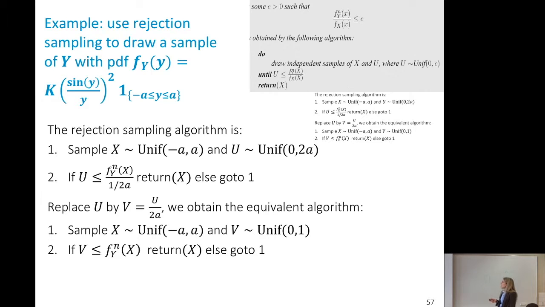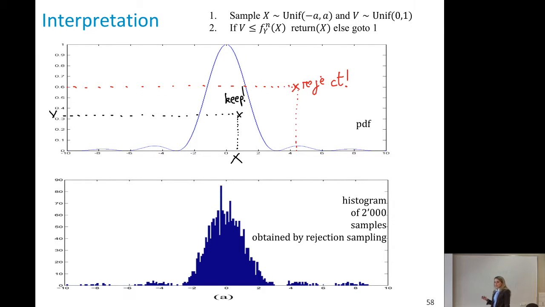Let's move on. Now let's see a graphical interpretation of this. So we obtain v from the uniform distribution between 0 and 1, and this is the known part of the distribution of y. And what we do is that we may not know normalization constants, so we know from the assumptions of the theorem the distribution of y up to normalization constant.